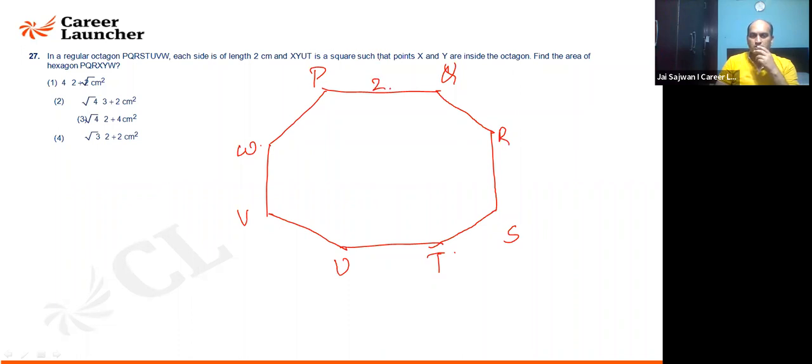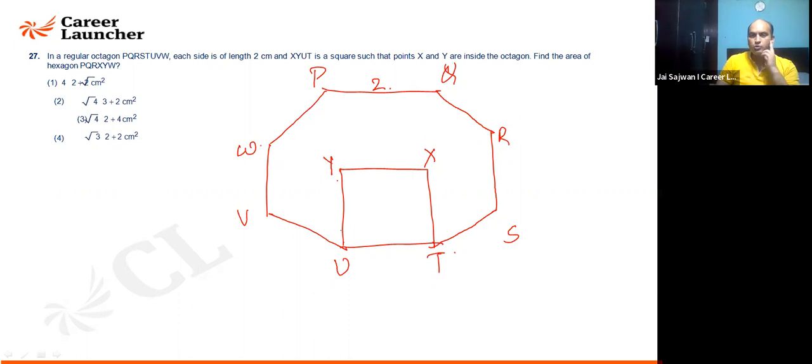XY UT is a square. X and Y are inside octagon. XY UT. Fine. You should be writing them in clockwise or anti-clockwise direction.